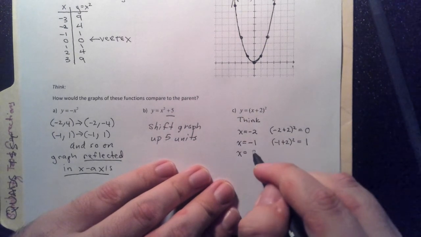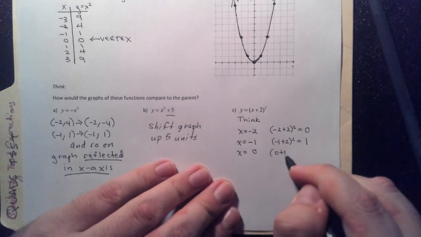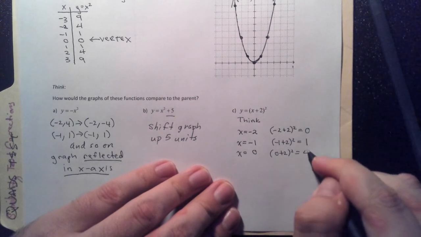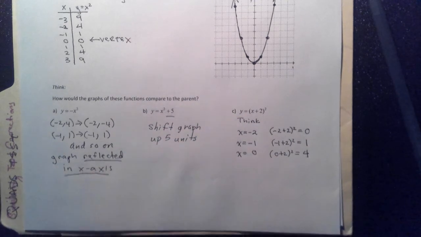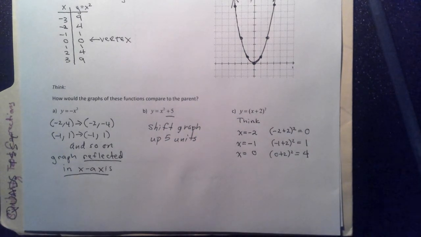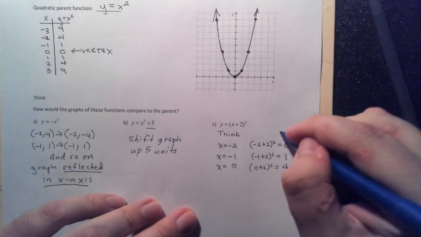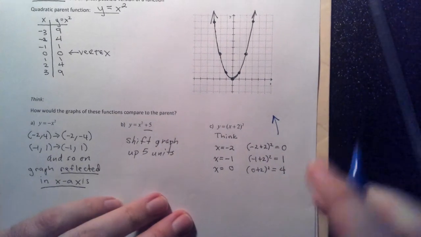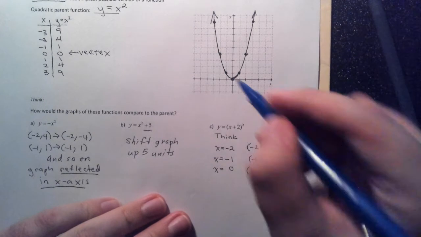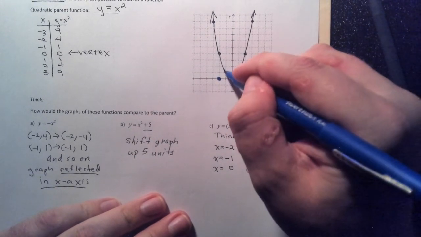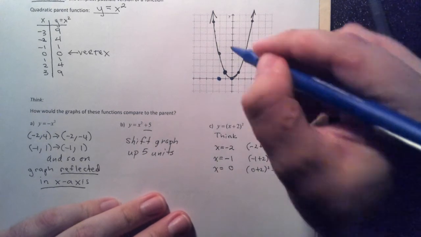If x equals 0, I would have 0 plus 2 squared, which is 2 squared, or 4. And I could do this for any number of points. What does this look like on the graph? Well, I now go through negative 2, 0, and I go through negative 1, 1, and I go through 0, 4.